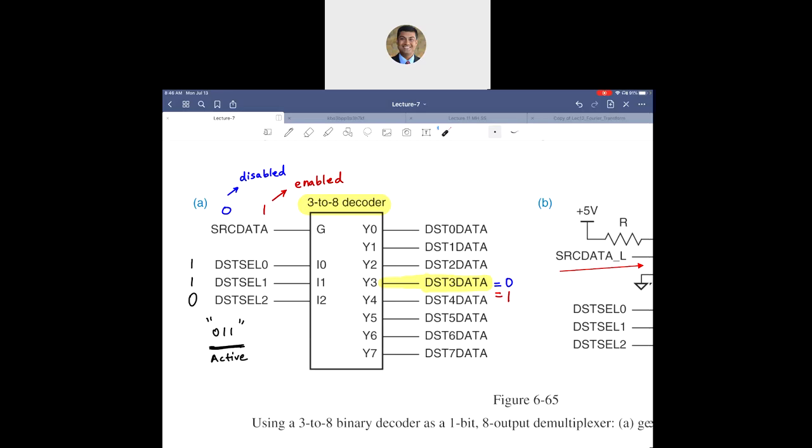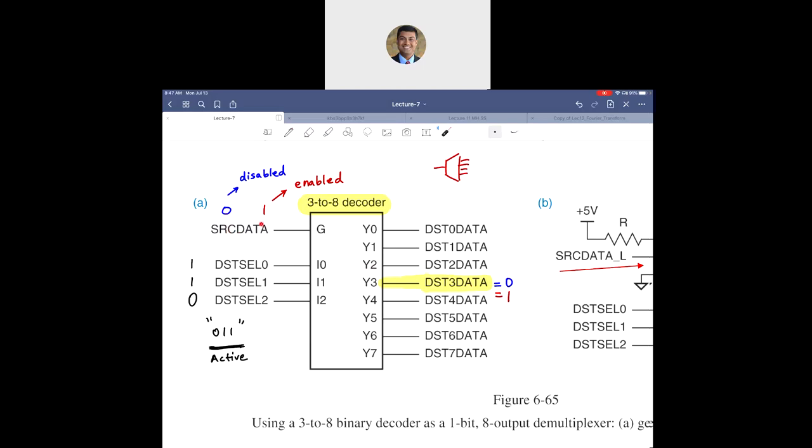So it is like you are going from 1 to this. You guys see that? It is like the same demux operation, 1 to many, because whatever the source data was, it went straight to destination data. When the source data was 0, this was 0.